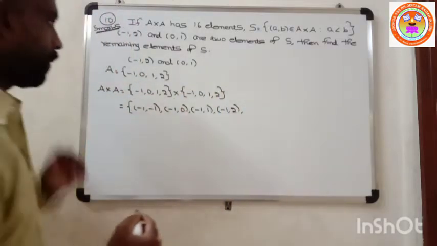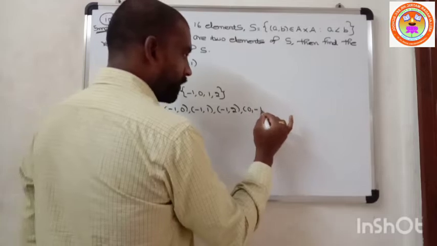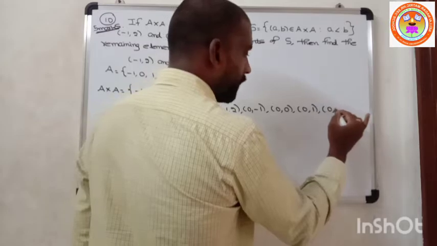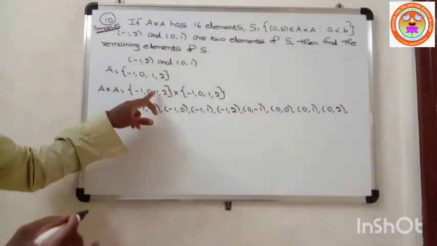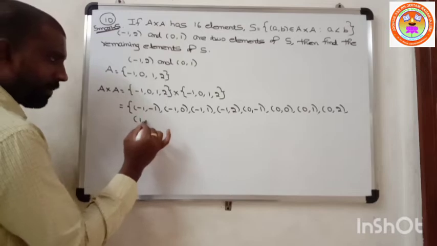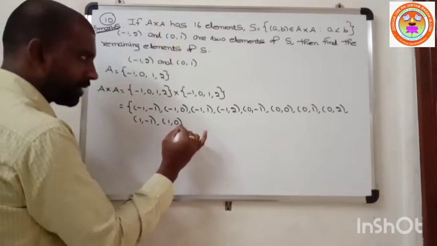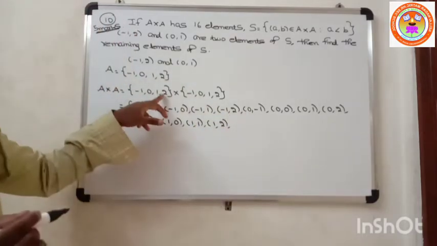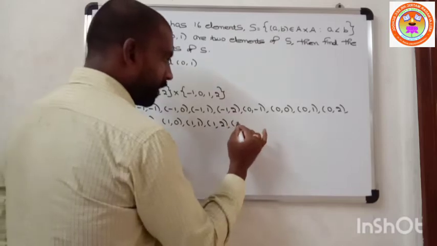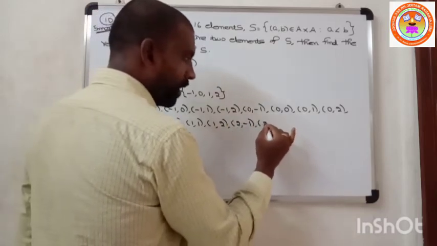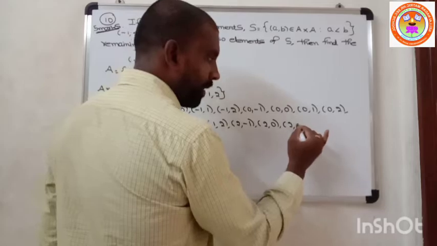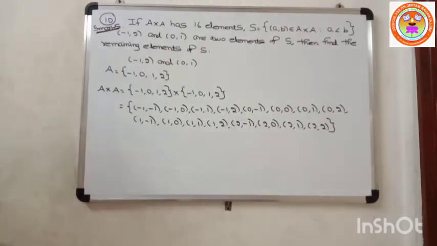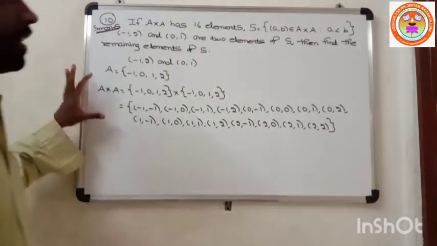Then 0 related: (0,-1), (0,0), (0,1), (0,2). Then 1: (1,-1), (1,0), (1,1), (1,2). Then 2: (2,-1), (2,0), (2,1), (2,2). A cross A gives 16 elements.